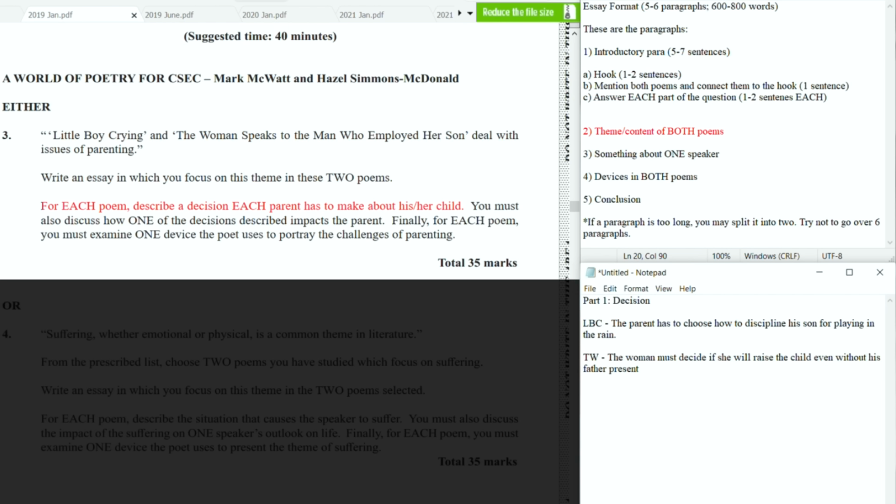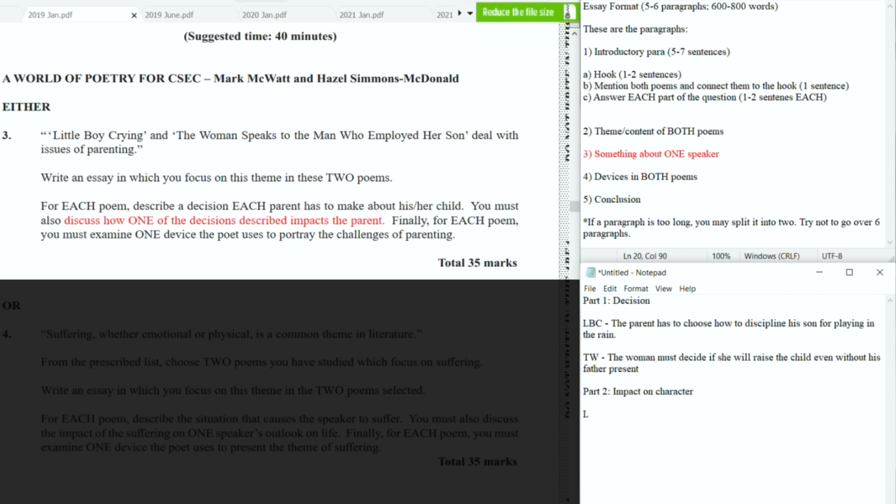Part 2 of the question says I must discuss how one of the decisions described impacts the parent. So part 2, impact on character. Which one would be easier for me to write about now? Decision in Little Boy Crying, or the one in The Woman Speaks?